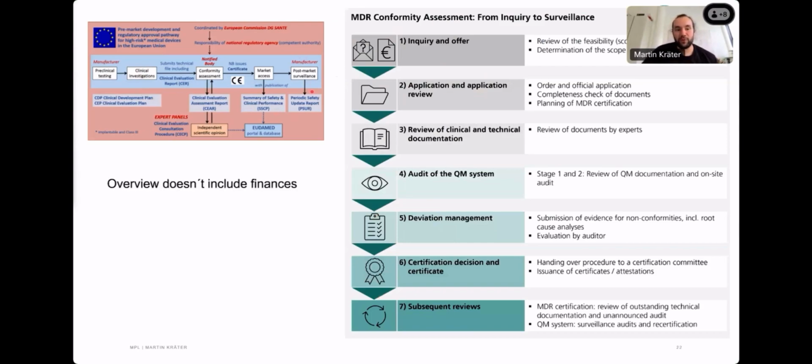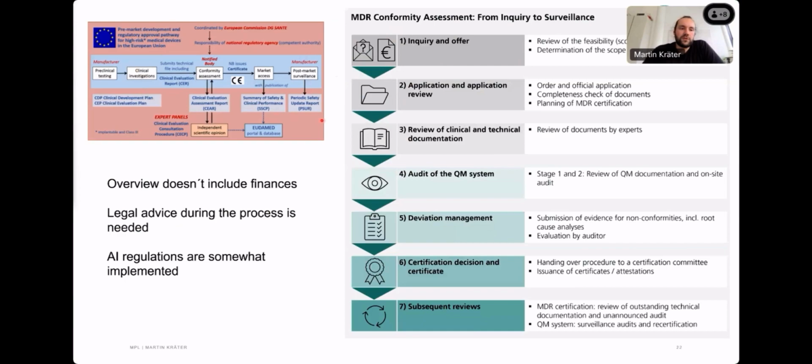Plus, both of these overviews do not include the finances, so basically the money needed to go through all this process. It obviously needs a ton of legal advice. And we have one problem. Specifically, if you use artificial intelligence, the regulations are somewhat implemented, but not fully clear.